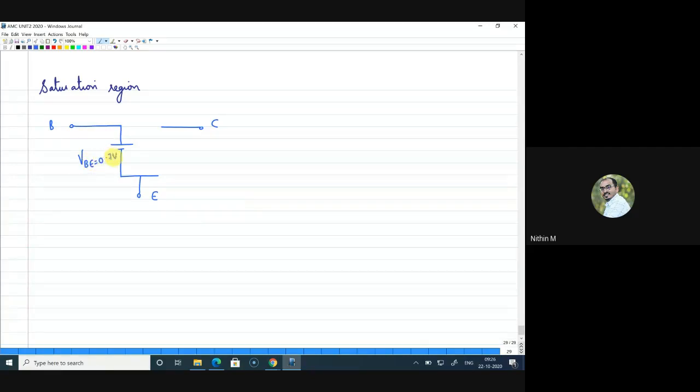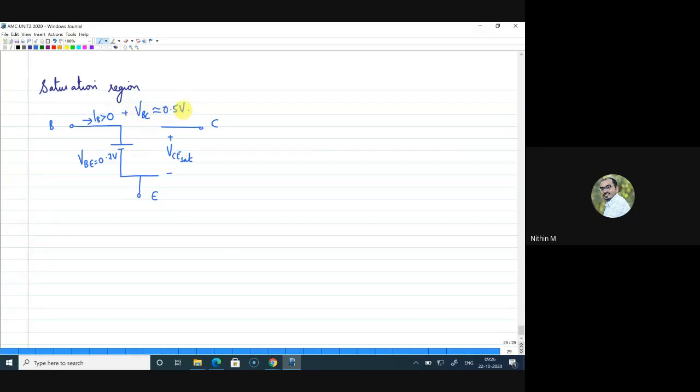Now this will definitely give some current here. What can we comment on this VCE voltage? I will say this is VCE saturation here. Since the collector base junction should be forward biased, I can write that this VBC will be approximately or greater than 0.5, right?